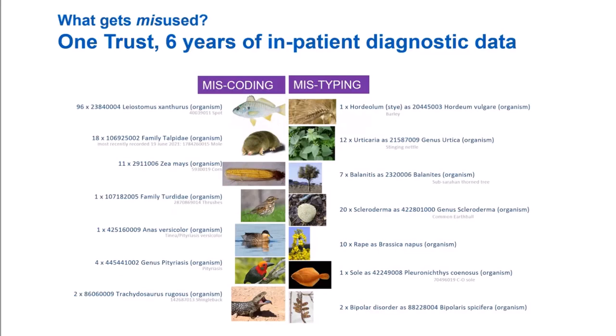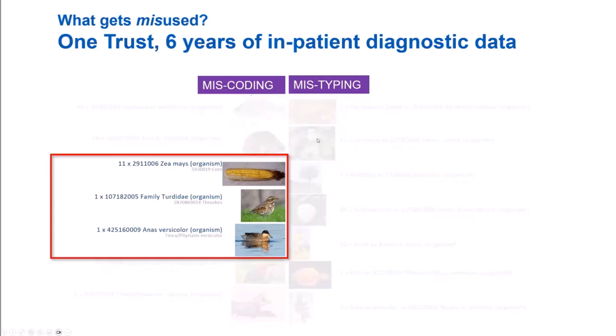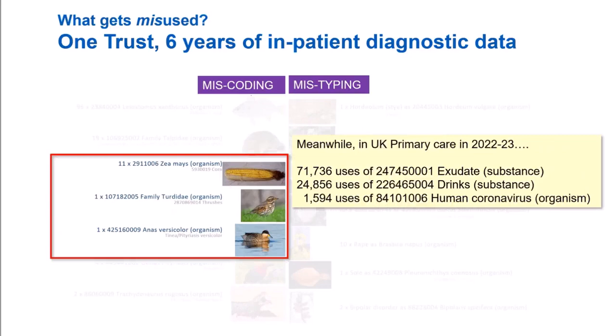What they've actually picked is this interesting lizard, and so on and so forth. Here's a sty of the eye, which is hordeolum, and they've picked Hordeum vulgare, which is the species barley. So there's a fair amount of miscoding going on, and some of it is not necessarily clinically trivial.